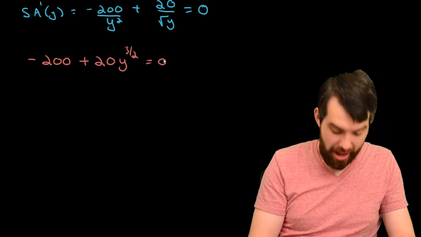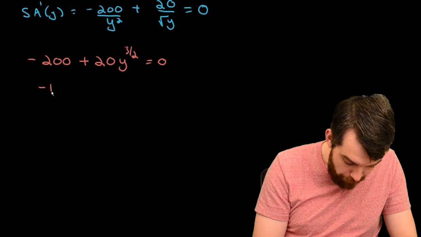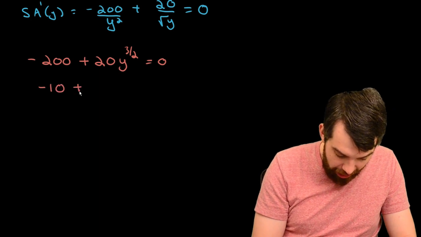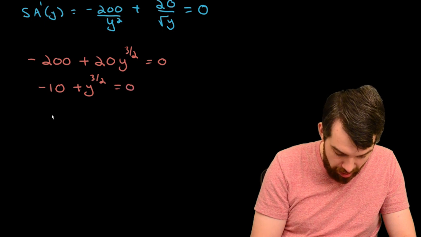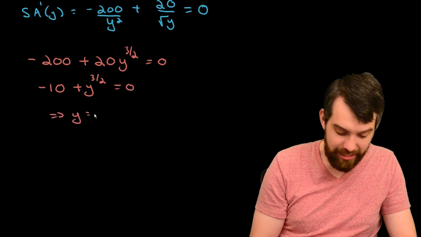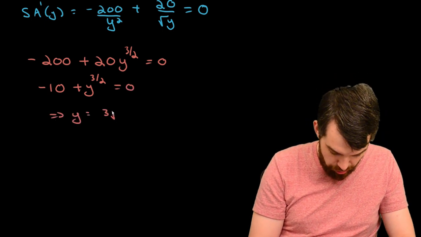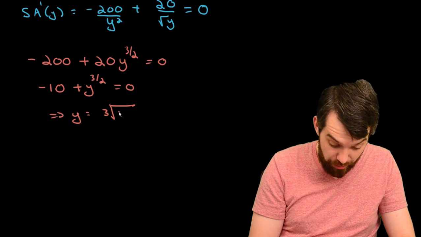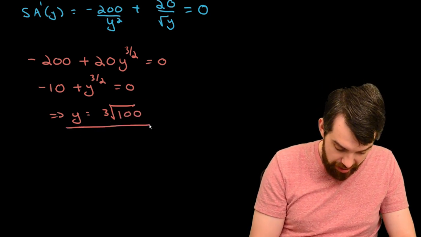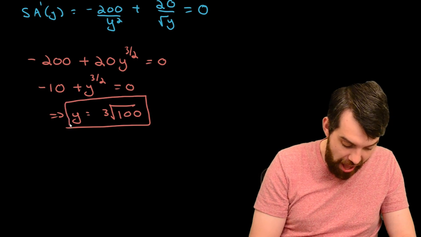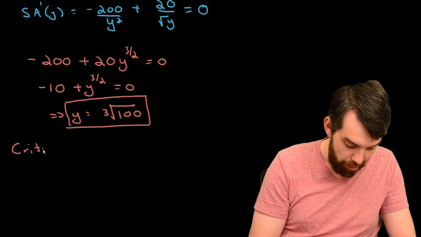Or I can divide by 20, and I can say that, therefore, minus 10 plus y to the power of 3/2 equals 0. Or, in other words, y is equal to the cube root of 100, or 10 squared, which is 100. All right, so this here is my critical number.